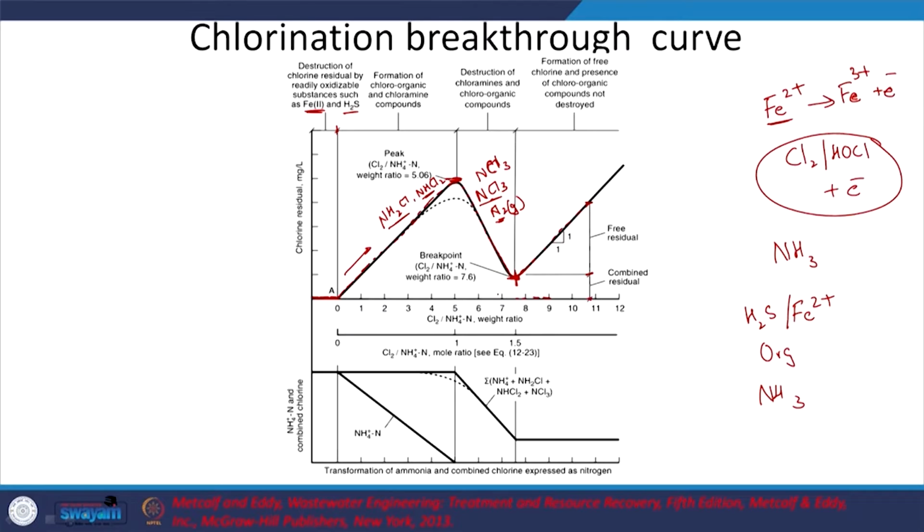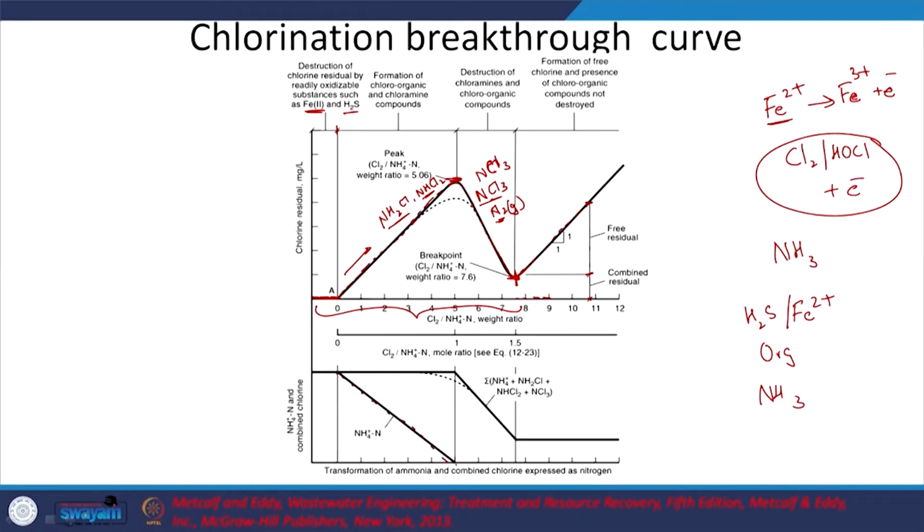So whenever I add chlorine, I need to add enough chlorine to take care of all the compounds that can oxidize my chlorine, or the oxidizing agent like HOCl, and then I will get that. So that's what we have here, the break point chlorination. So here we have NH4+ and combined chlorine. Initially most of it is present as NH4+, but as I add Cl2, I know that chloramines are being formed, so NH4+ concentration comes down.